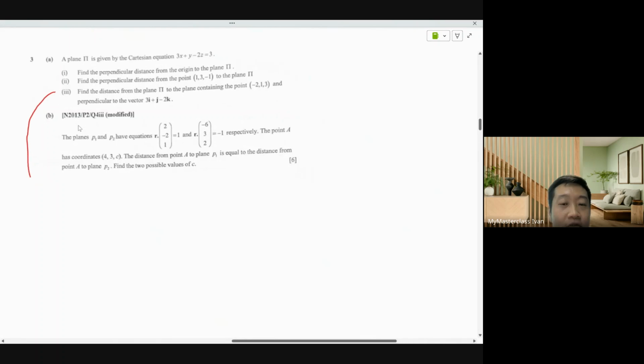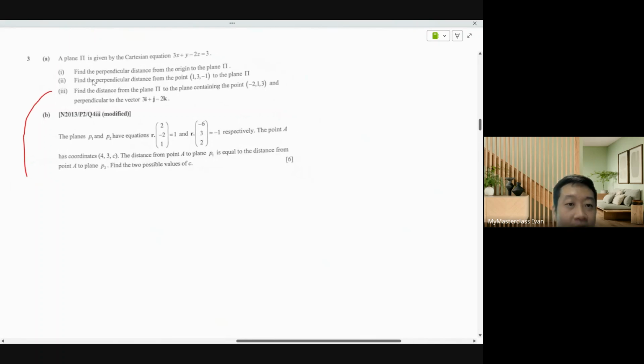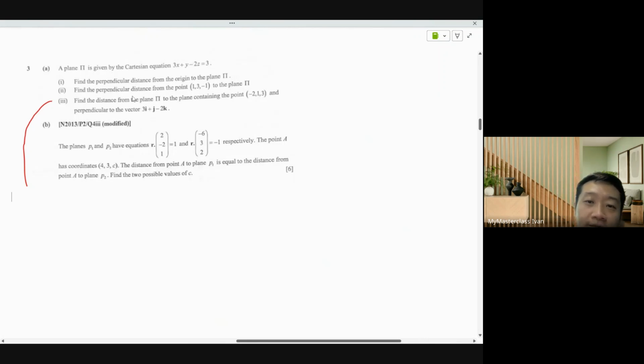Question 3 is totally whatever I taught you. So make sure you know how to draw the triangle. But also, many students fail at the first part.